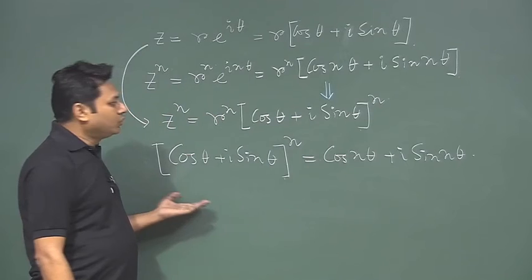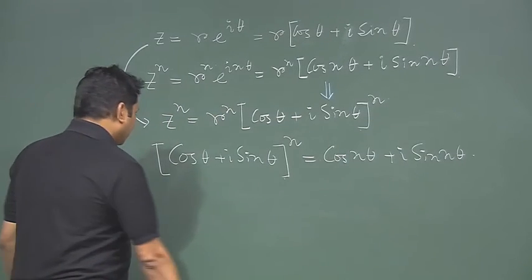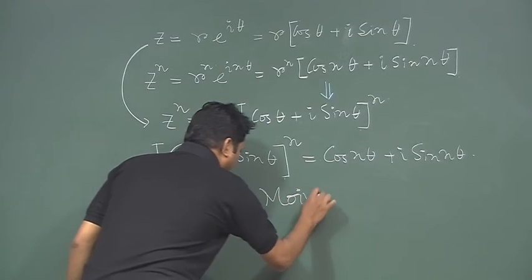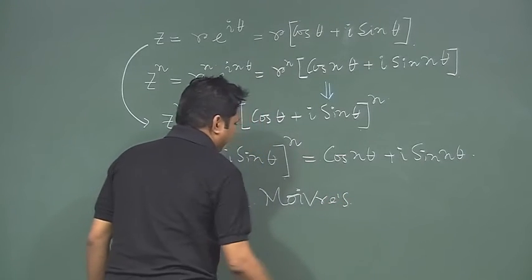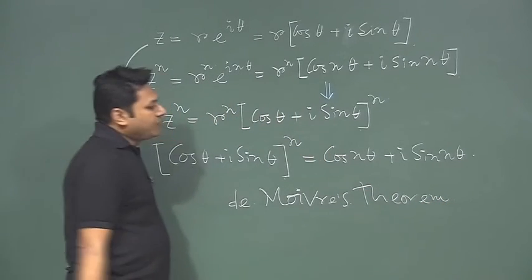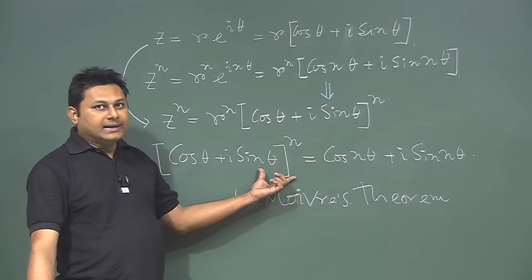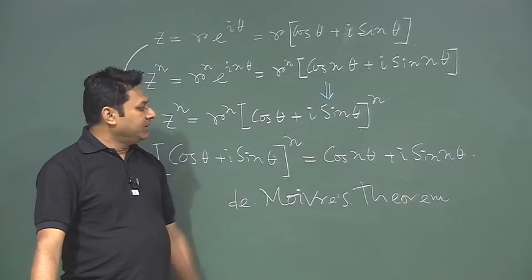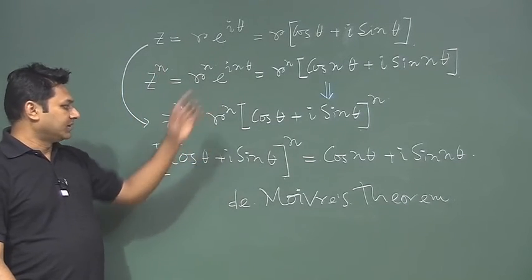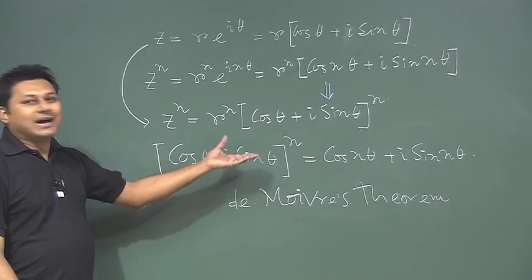I believe all of you taking this course are aware of this identity, which is called de Moivre's theorem. This theorem suggests that if we have cos theta plus i sin theta whole to the power n, then this value will be nothing but cos n theta plus i sin n theta, which comes quite obviously. But this is a very interesting identity in my opinion.